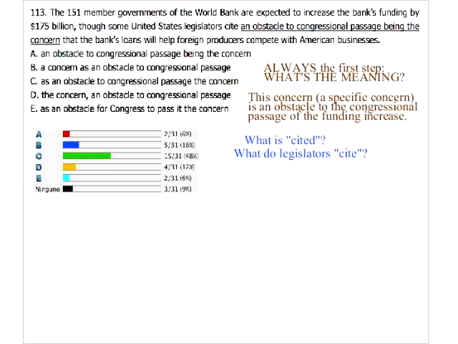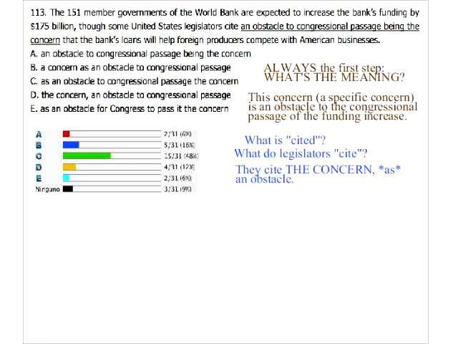What they cite is the concern as an obstacle. The thing that they are actually citing is the concern, not an obstacle. So that's the way you should write the sentence. They cite this specific concern and they basically say this is an obstacle to the passage of this thing.